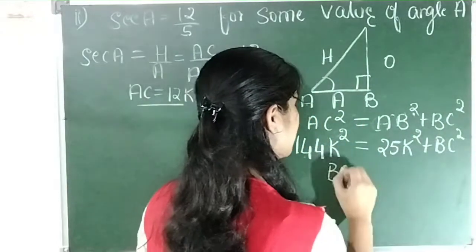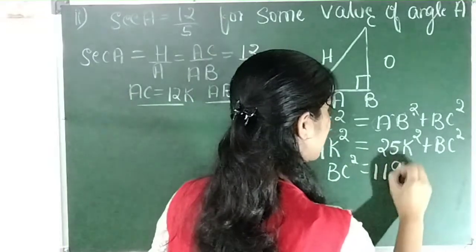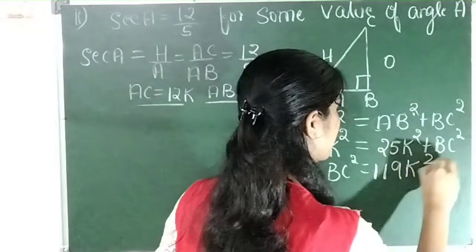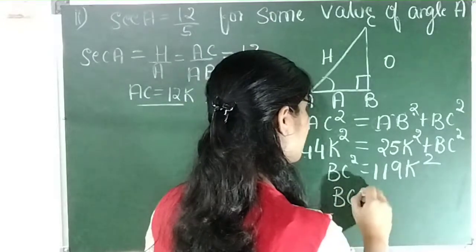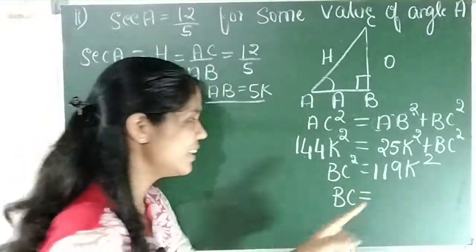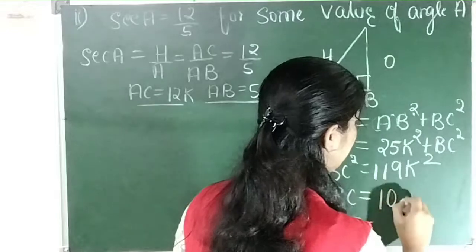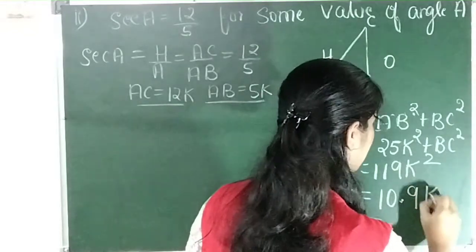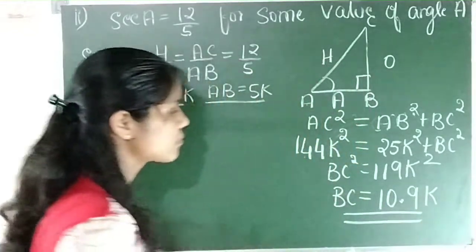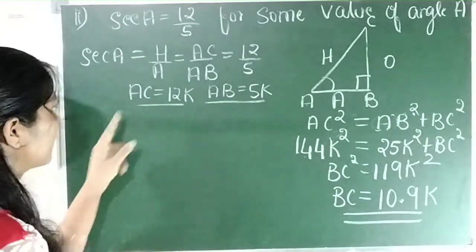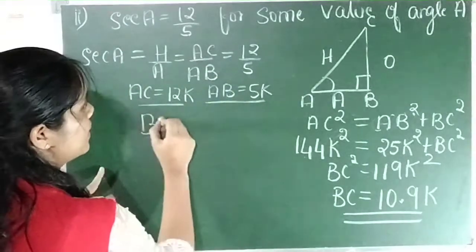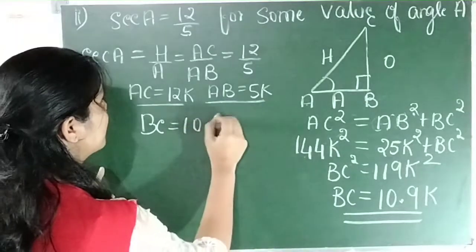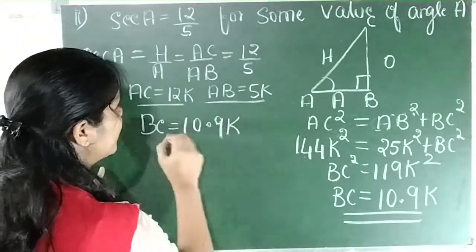So BC square is equal to 119K square. BC is equal to square root of 119. That value is 10.9. So BC is equal to 10.9 into K.